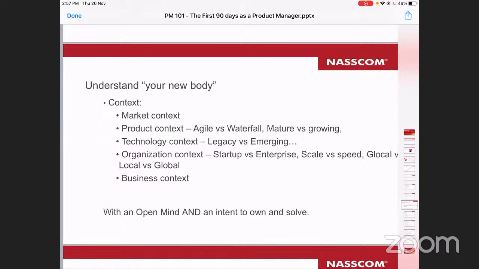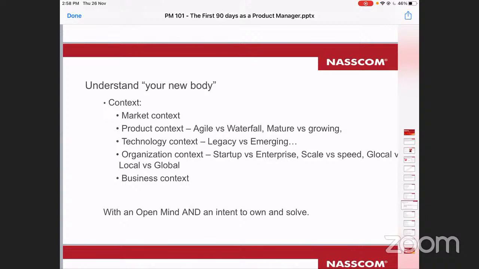Or is this a generic product, like a reporting application, or a shopping cart kind of application, or a completely technology application? It could be a cloud enabler. So understanding that product context is very key. Generic versus specialized, agile versus waterfall, mature versus growing. Is it new versus existing?